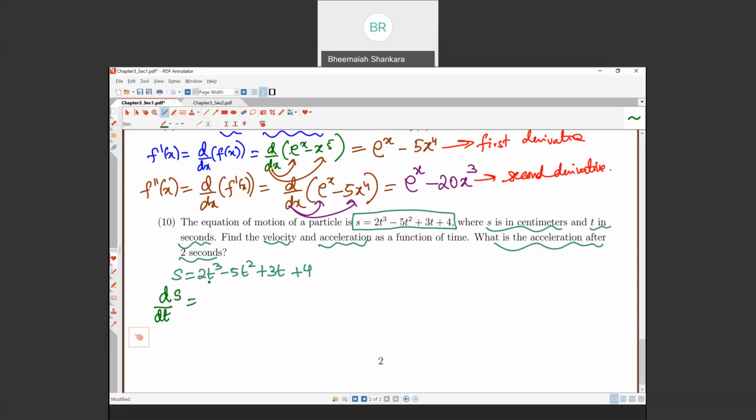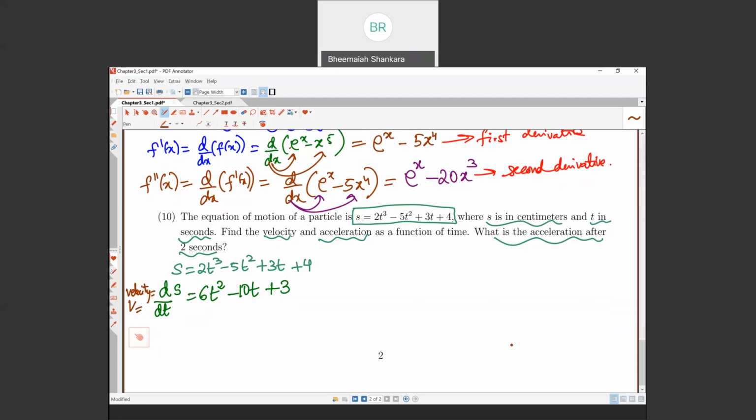I'm going to do the power rule. I get 6t squared minus 10t plus 3, and the derivative of 4 is 0, so you don't have to write it. The derivative of the distance is nothing but the velocity. So this is the velocity function, and I can also represent this by v.